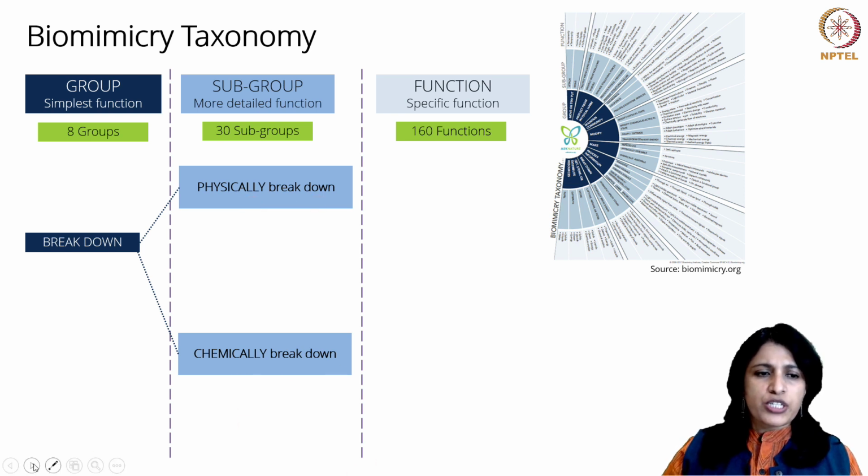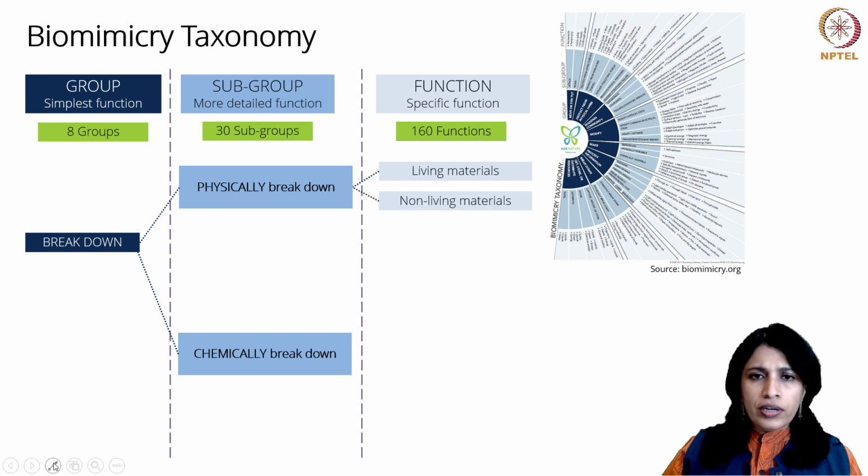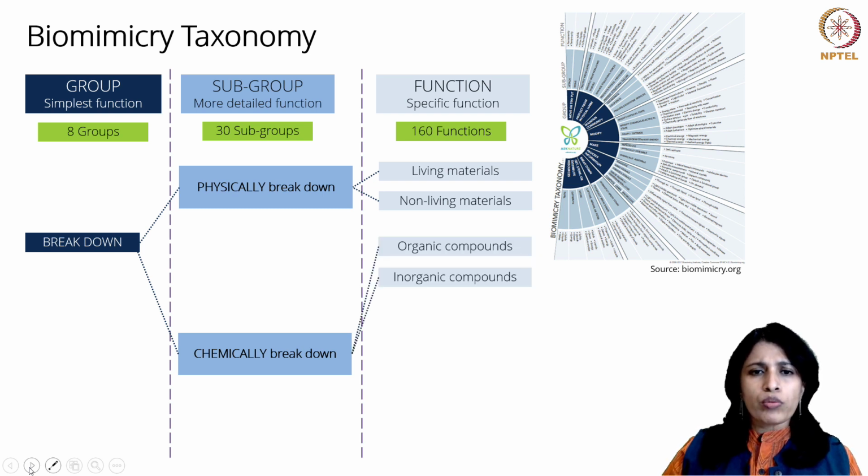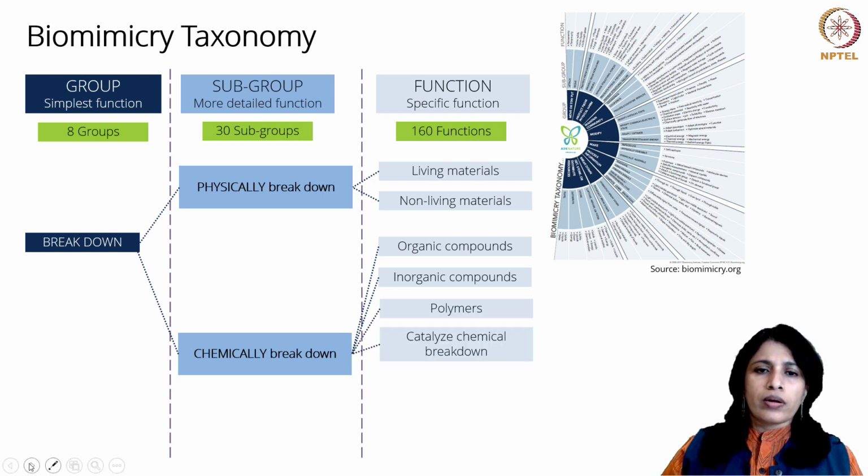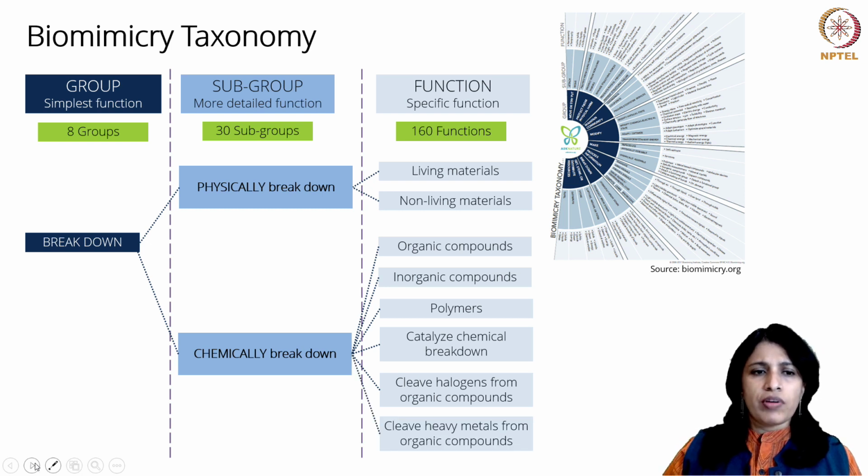The next specific functions under physically breakdown would be physically breaking down living materials, physically breaking down non-living materials. And under chemically breaking down, you would find specific functions: chemically breaking down organic compounds, inorganic compounds, polymers, catalyzing chemical breakdown, cleaving halogens, and cleaving heavy metals.